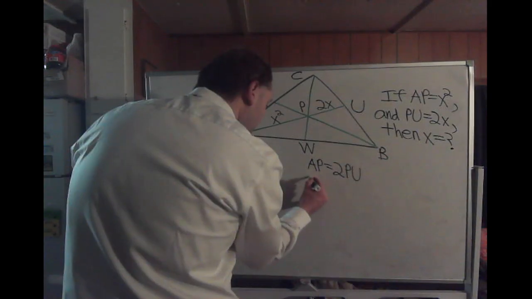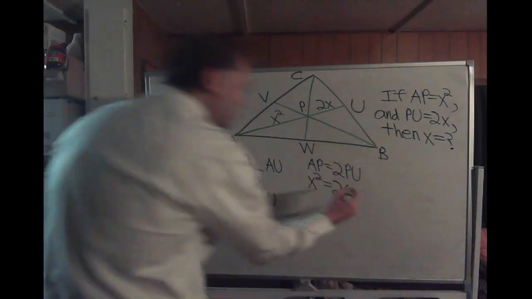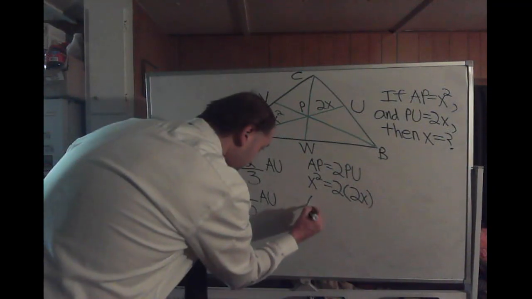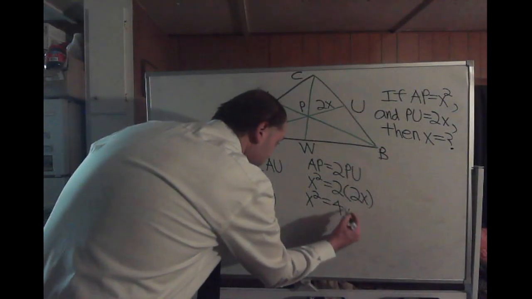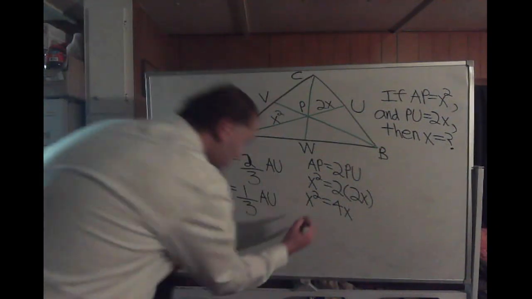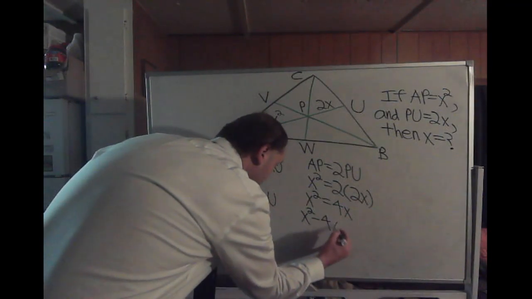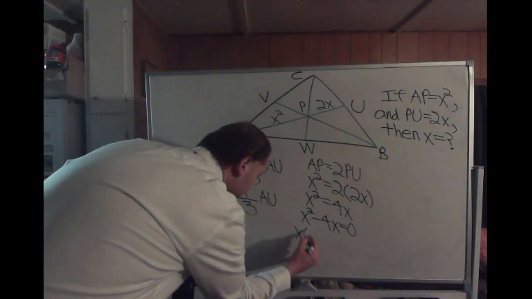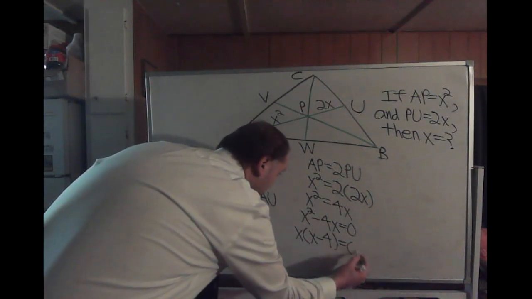AP is equal to x squared, right? That means x squared equals twice the value of PU, which would be 2 times 2x here, which would then give you that x squared equals 4x, which would then give you x squared minus 4x equal to 0, which would factor into x times x minus 4 equal to 0.